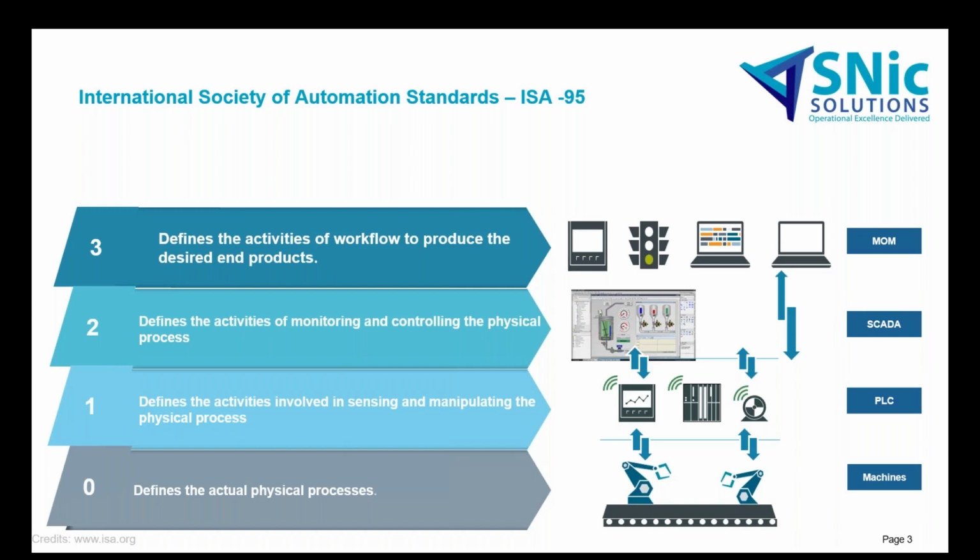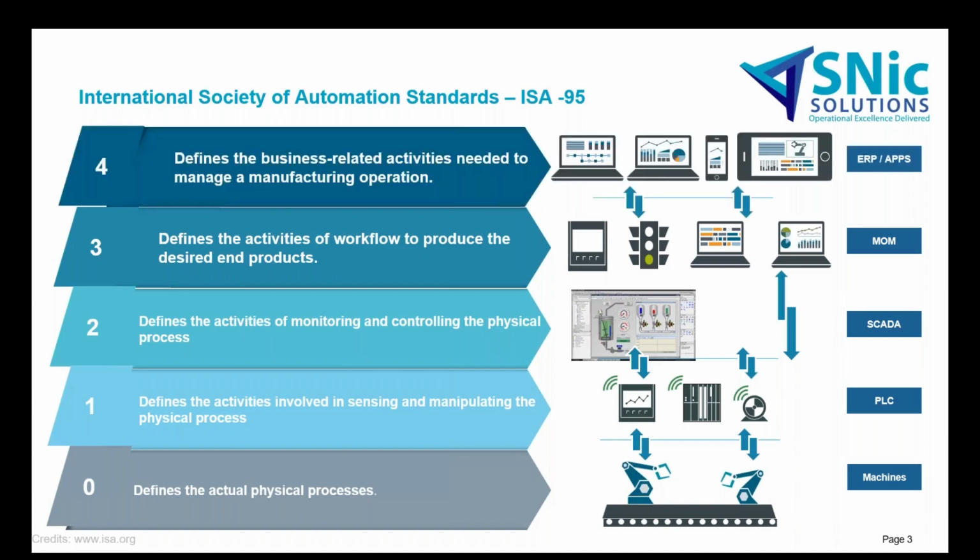So manufacturing operations management is considered sort of as a bridge between the SCADA, PLC, and machines that you see below, and the level 4 systems, which are the enterprise resource planning systems that define business related activities, whether it is sales, finance, forecasting, high-level planning, or just in modern day world, just apps which are front-ending to the business users. And if you see, the level 3 is sort of a bridge between level 4 and level 0, 1, and 2.